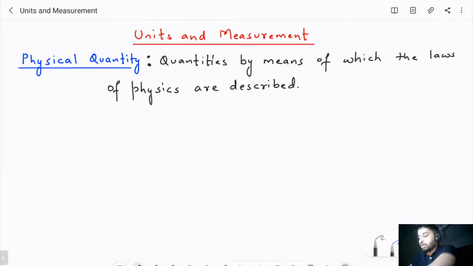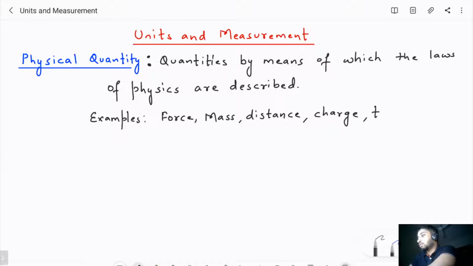Examples of physical quantities are force, mass, distance, charge, temperature, etc.